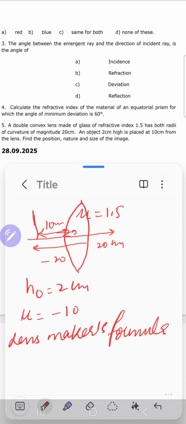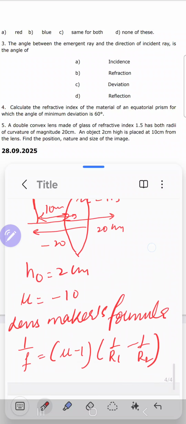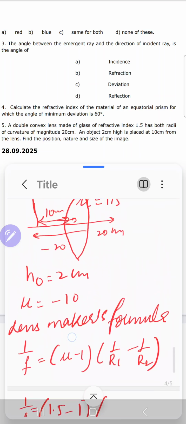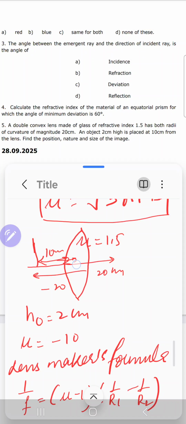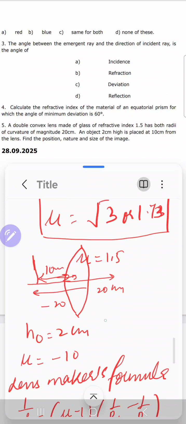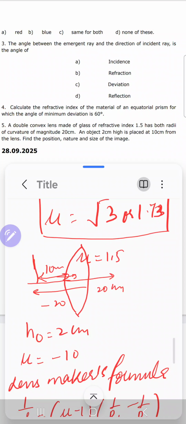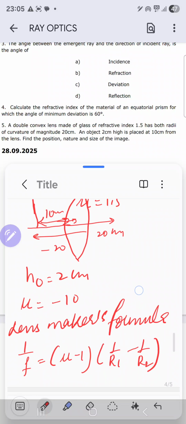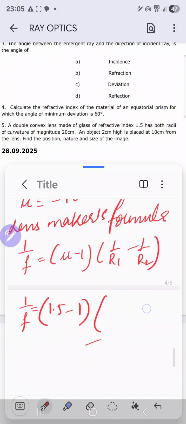we can find out the focal length: 1 over f is equal to (mu minus 1) times (1 over r1 minus 1 over r2). Now you see here r1 and r2 are the same. So this is 1 over f, mu is 1.5 minus 1. R1 here is plus 20 and R2 here is minus 20.